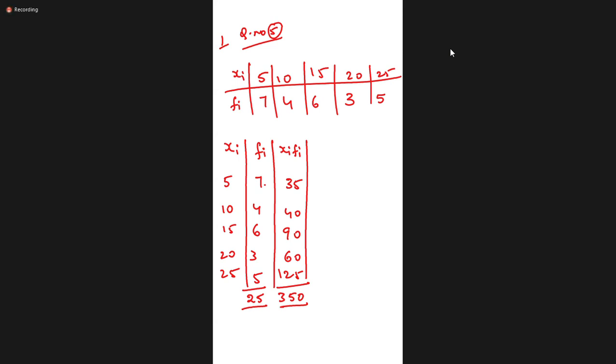So here mean, x bar, is equal to sigma fi xi by sigma fi. So 350 divided by 25, 14.